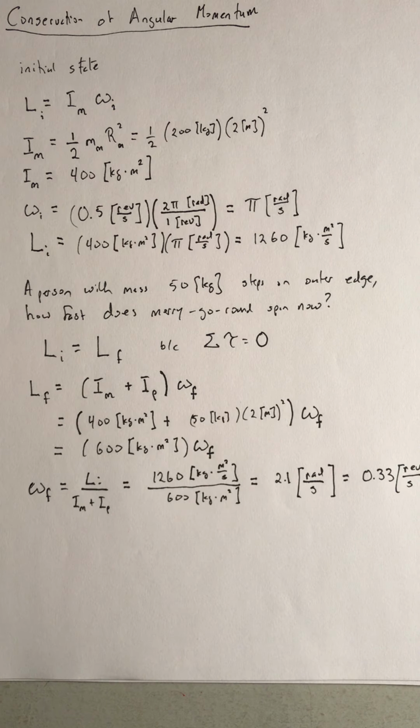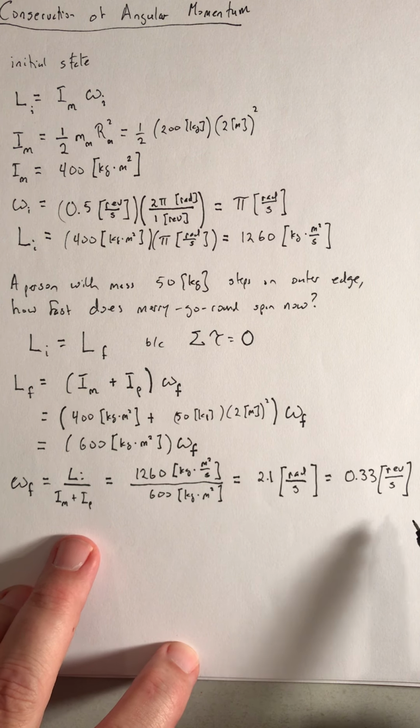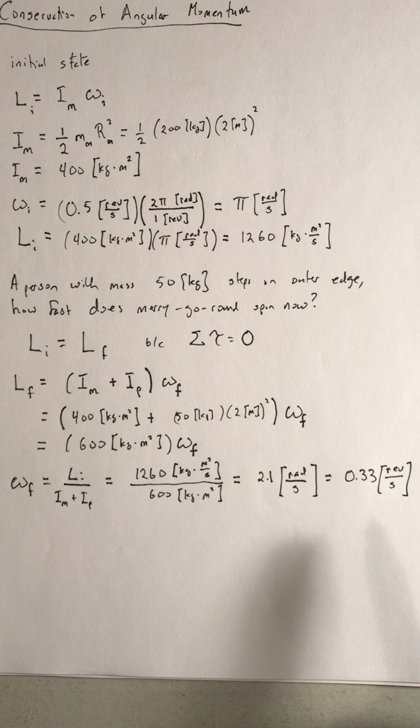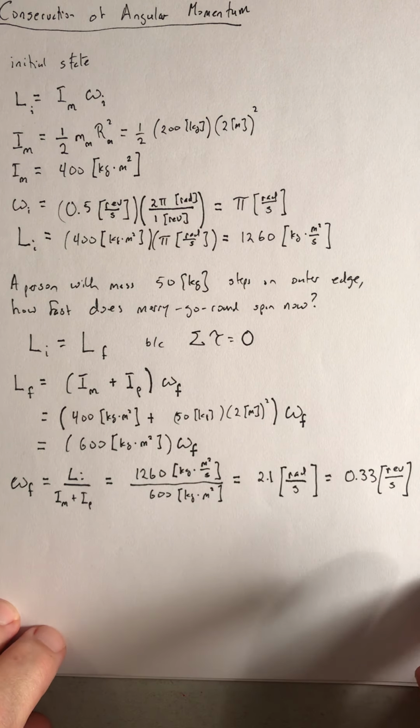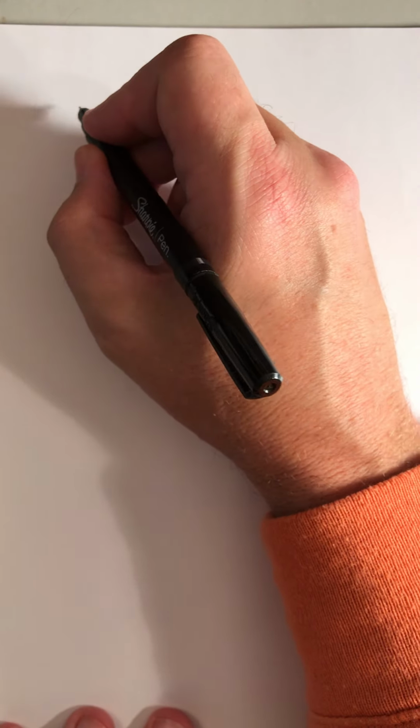All right, now I want to look at the inelastic collision part of this. I'm going to look at the change in kinetic energy for the merry-go-round and the change in kinetic energy for the person. If it were an elastic collision, then kinetic energy would be preserved.